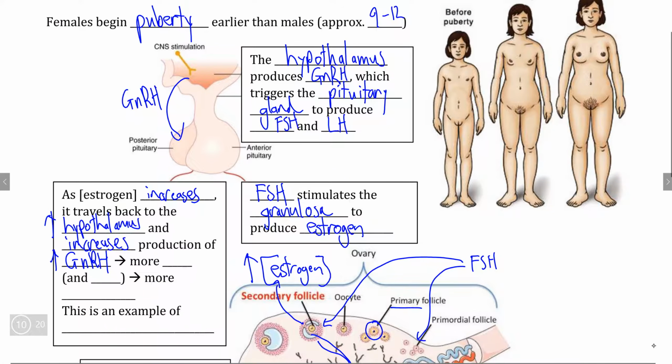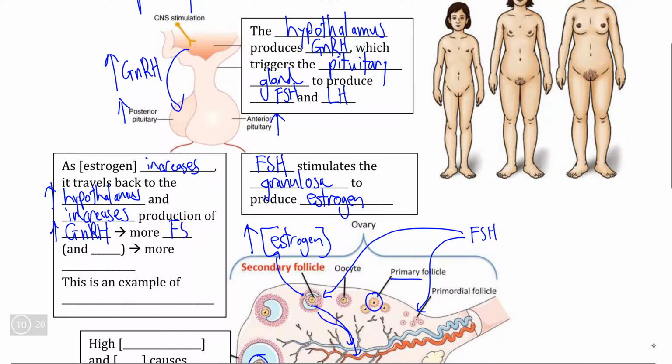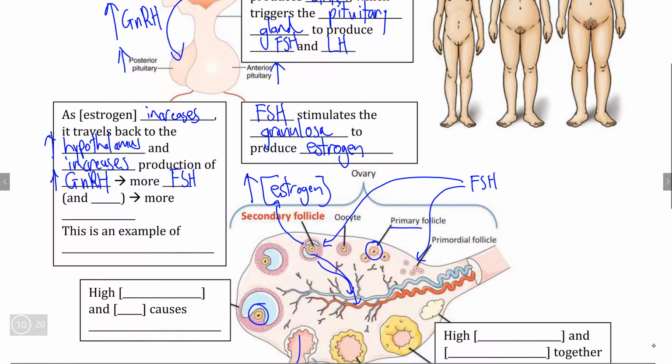Now, if we go back to this regulatory pathway here, more GnRH means that our pituitary gland is going to become more active, and therefore we are going to get more follicle-stimulating hormone and more luteinizing hormone.